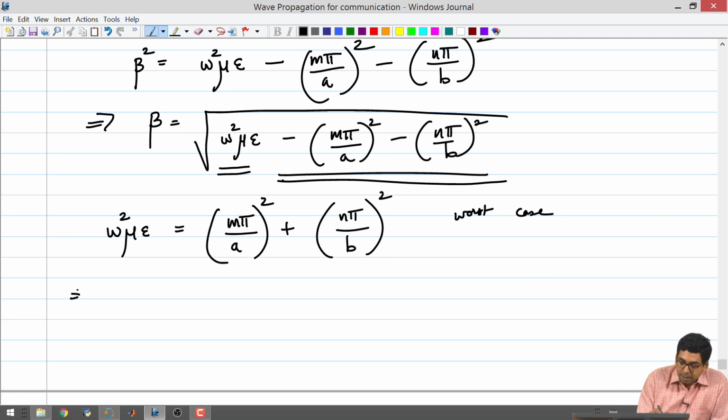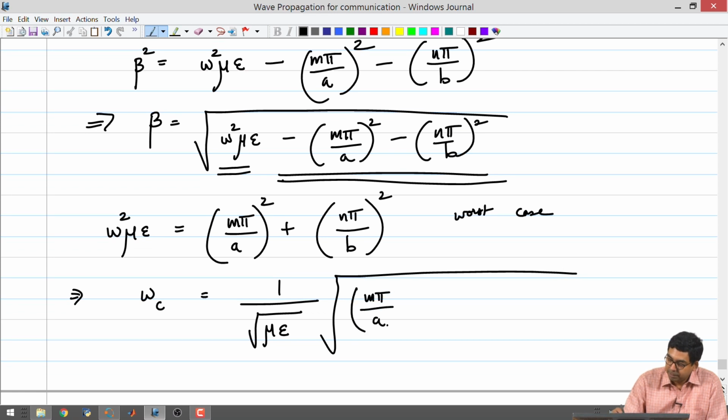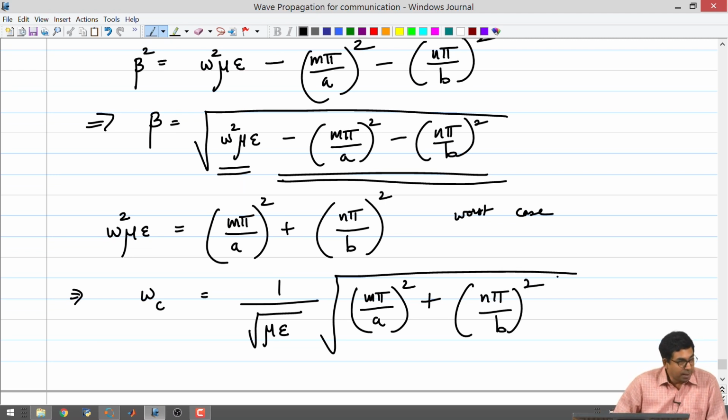So, what I can do is take mu epsilon on the other side and take a square root, and I will just get it for the worst case. I will just mark this as C. It is going to be 1 by square root mu epsilon, and I will be having square root of m pi by a square plus n pi by b square. This is the worst case where beta becomes equal to 0.